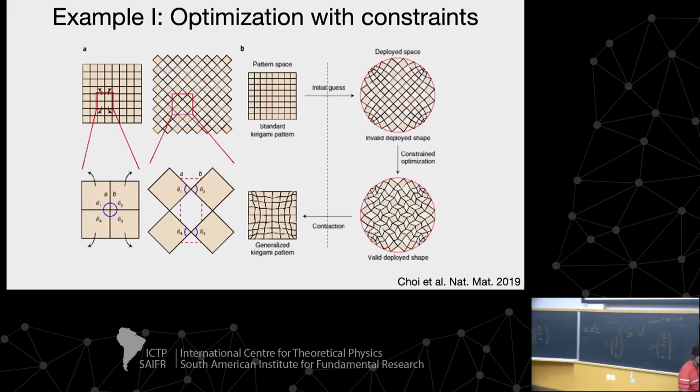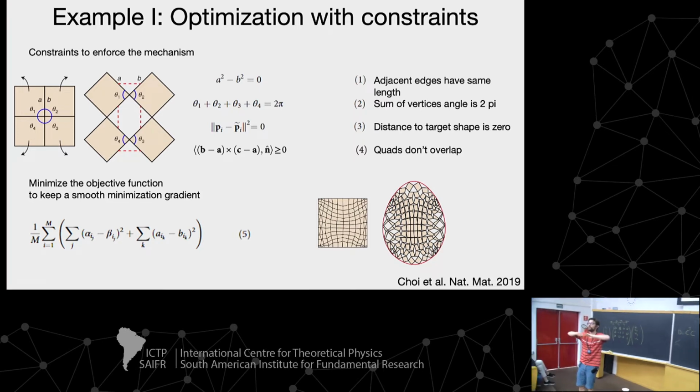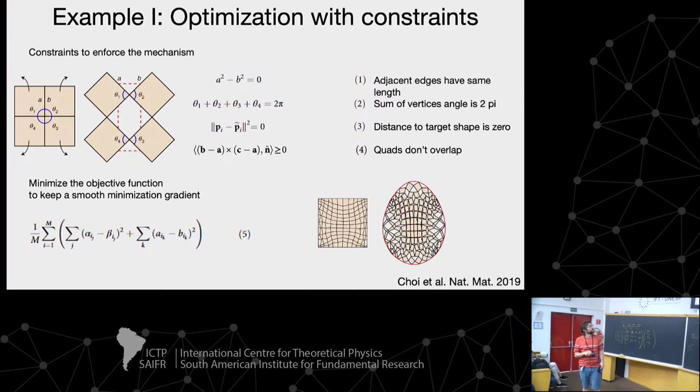And so to do that, they formulated a bunch of constraints. I won't explain all the constraints here, but basically the constraints relate to being able to unfold and fold adjacent squares. And so then they minimize the distance between the perimeter or the outside of the object and the object that they want.